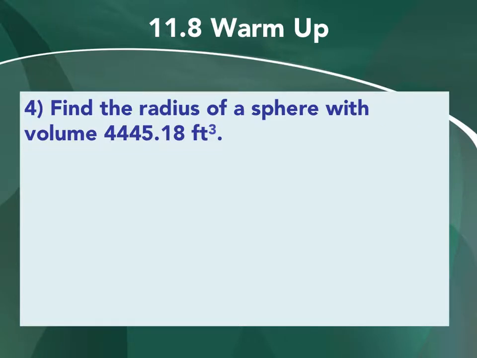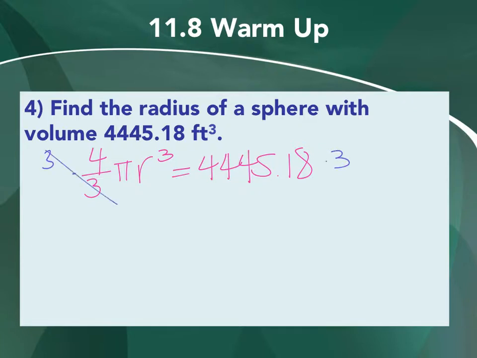All right, find the radius of a sphere with a volume of 4,445.18. So obviously this is one that you won't see those kind of numbers on your test, because this I would say you would use a calculator for. So if 4/3 pi r cubed equals 4,445.18, probably first thing I would do is multiply both sides by 3. Get rid of that.